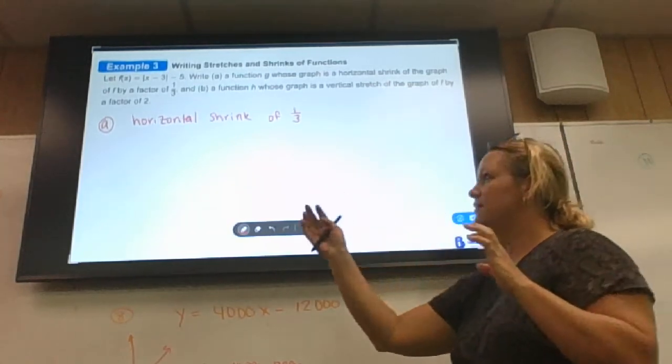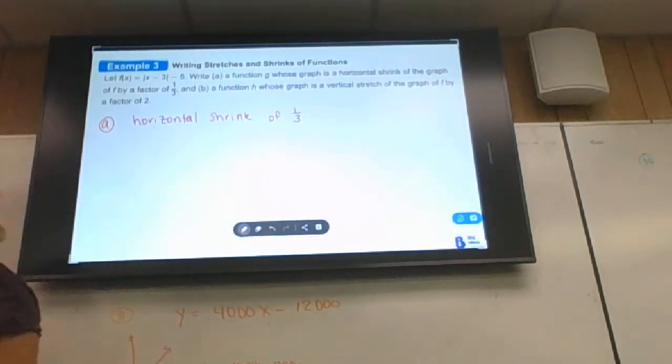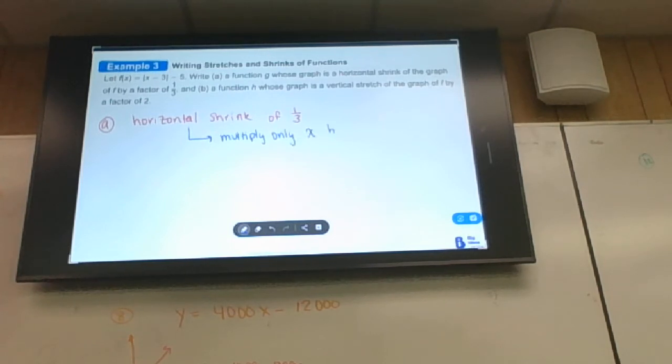So the effect on y is actually the reciprocal of the 1/3. So the reciprocal is 3/1, and we don't have to have a 1 as a denominator, so it's 3.